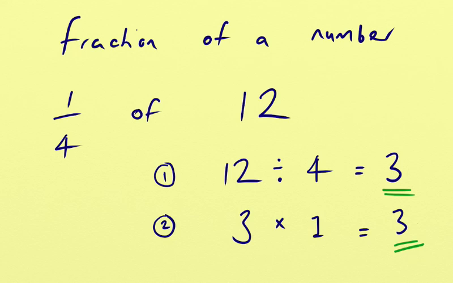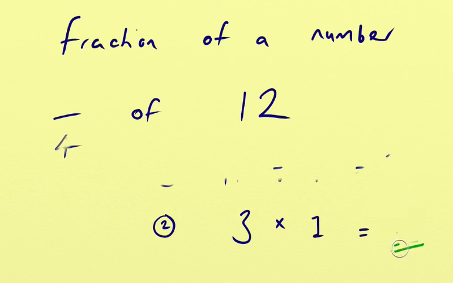Let's say we had 3/4 of 12. So I'll get rid of these. So we're going to do 3/4 of 12.